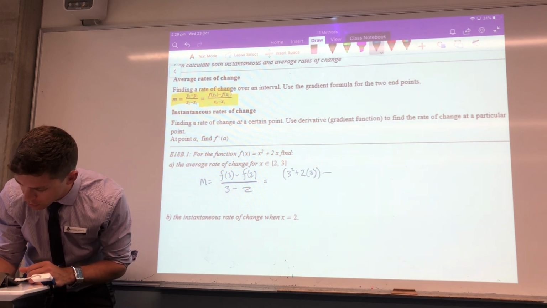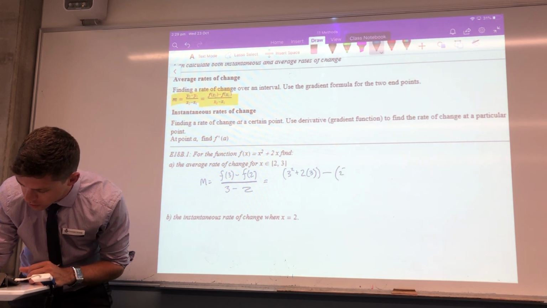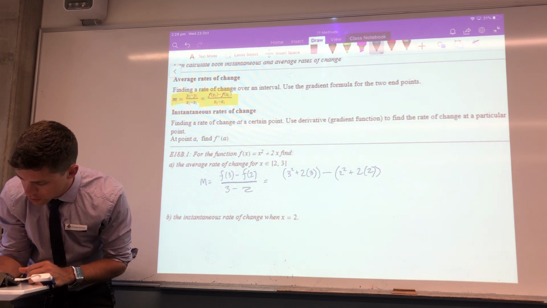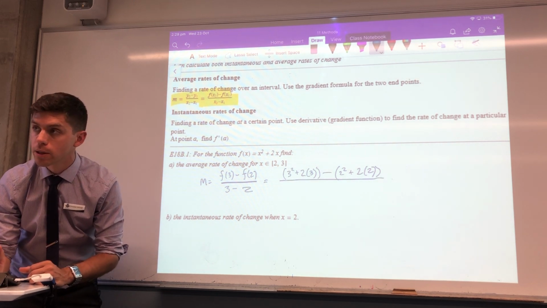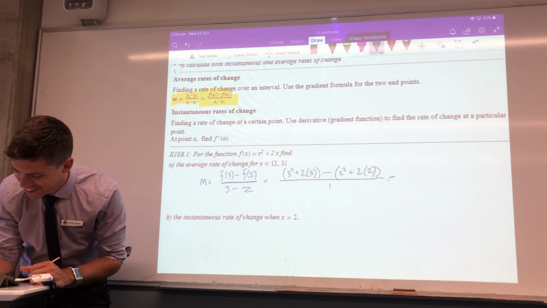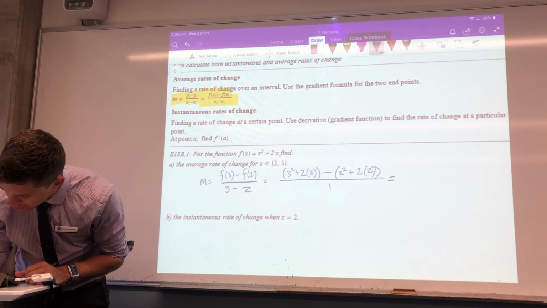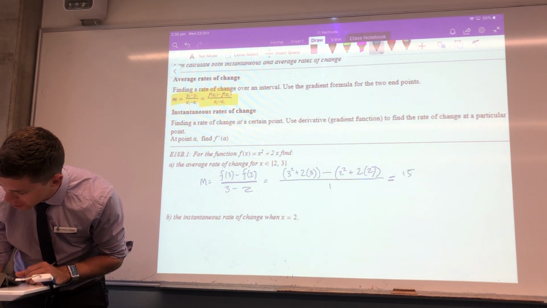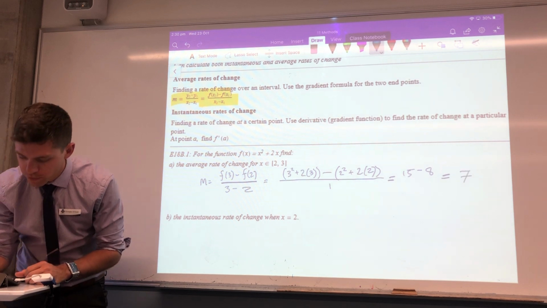And then from that we're going to subtract 2 squared plus 2 times 2. And all of that is going to be divided by 1. So 15 minus 8 over 1, so there's 15 minus 8, which is 7.